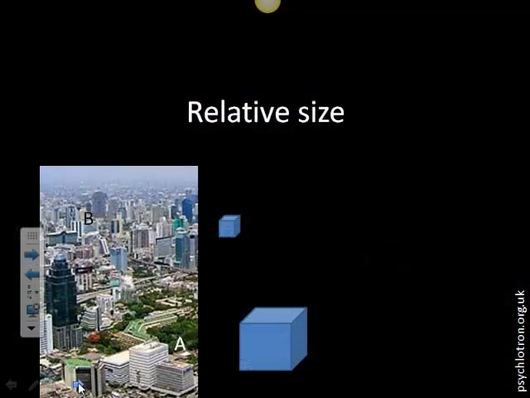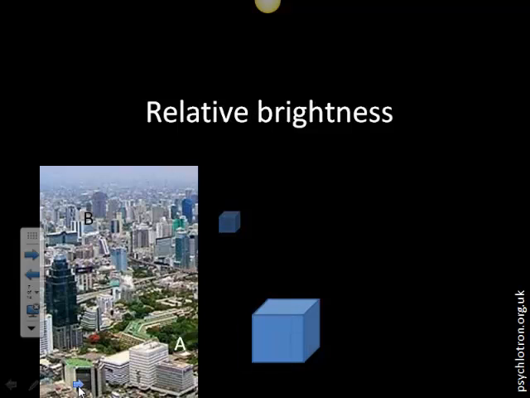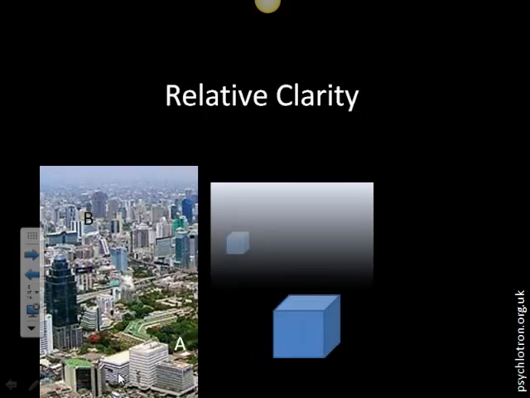If we look at our monocular cues, we can see relative size here: if we assume two objects start out the same size, yet one casts a smaller retinal image, like this building, measure it with your fingers if you have to, then we perceive it to be farther away. Relative brightness: this block appears brighter than this block, so we perceive it to be nearer, and this building's casting more light to our retina than this building, so we perceive A to be nearer to us.